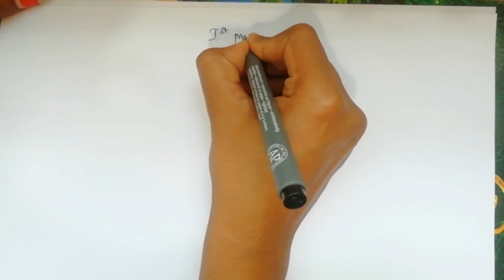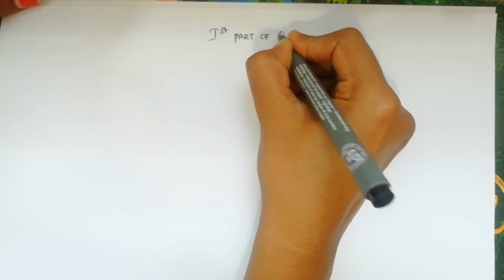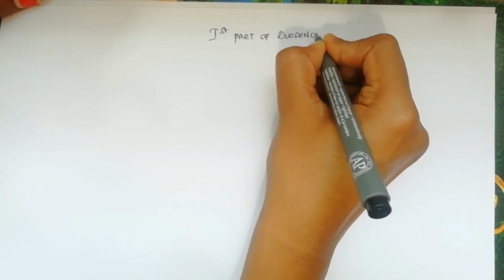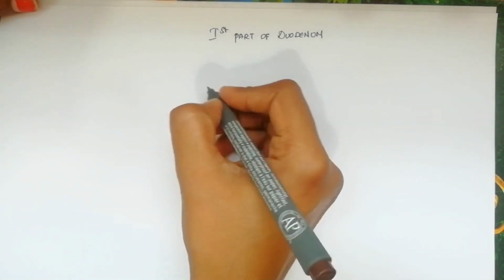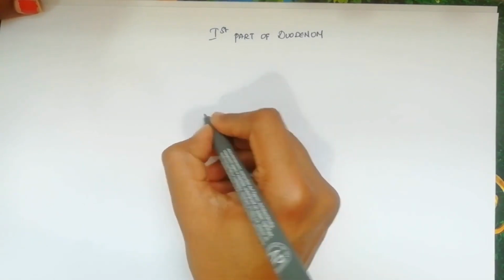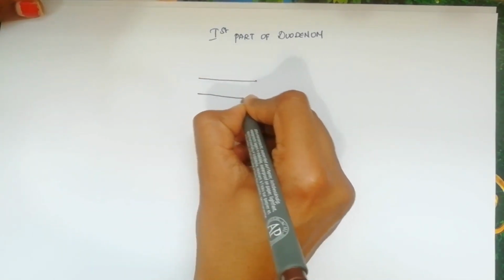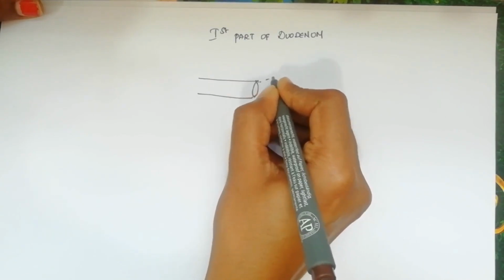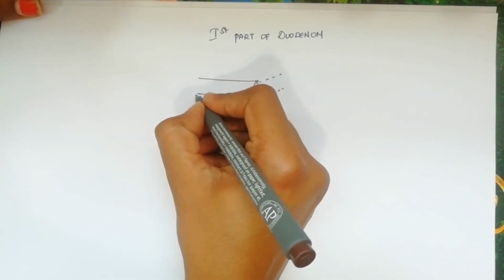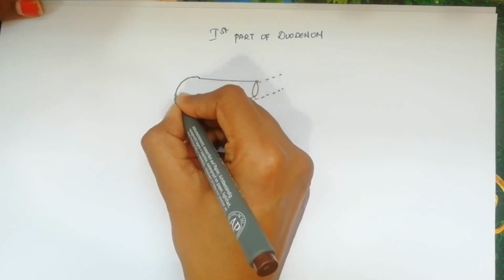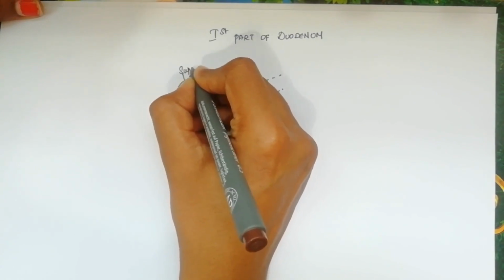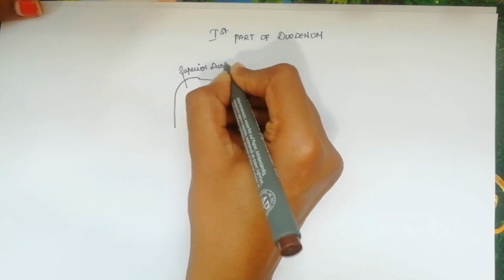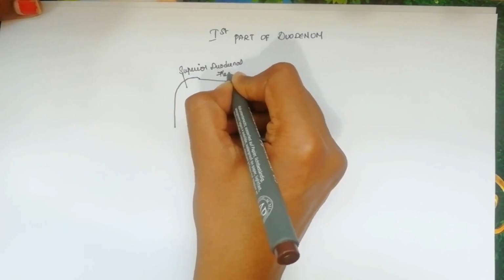First part of duodenum. As I already said, the horizontal smaller part with a length of 5 cm is called the first part of the duodenum. It is a continuation of the pylorus of the stomach, and it continues as the second part of the duodenum, and the flexure is called the superior duodenal flexure.